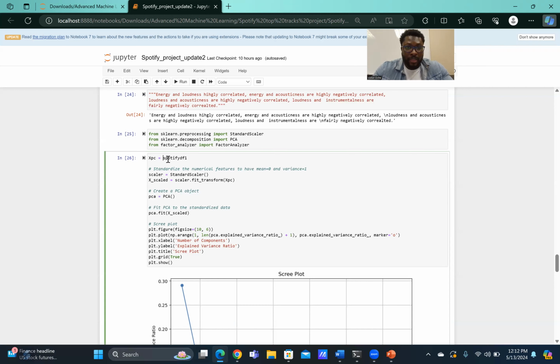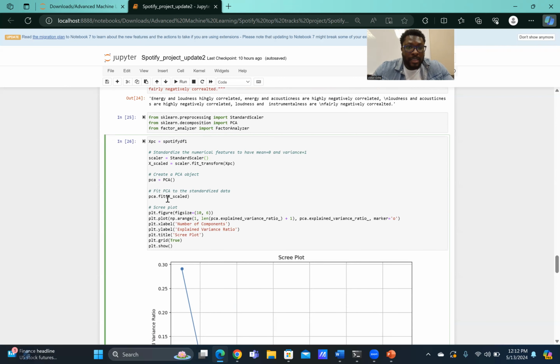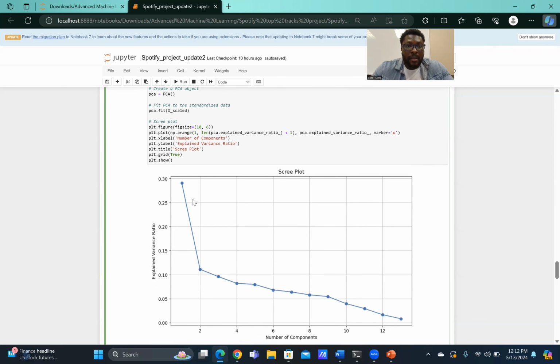I wanted to keep the original dataset and then scale the X. So I scaled it, X scaled, and then I did an original PCA fit on the scaled data.